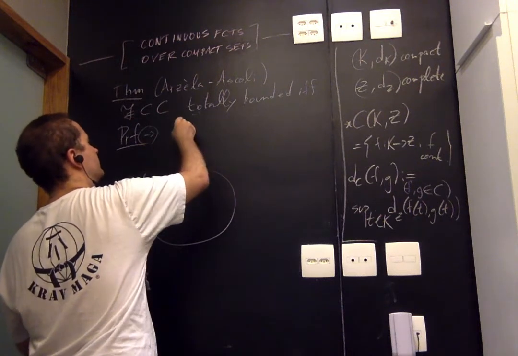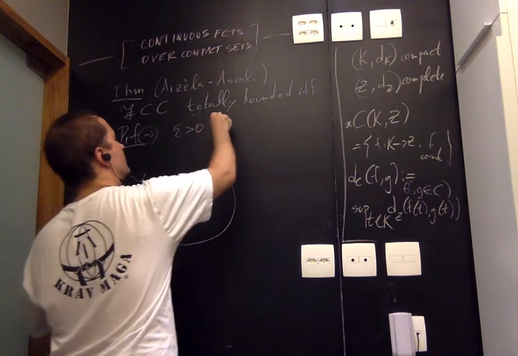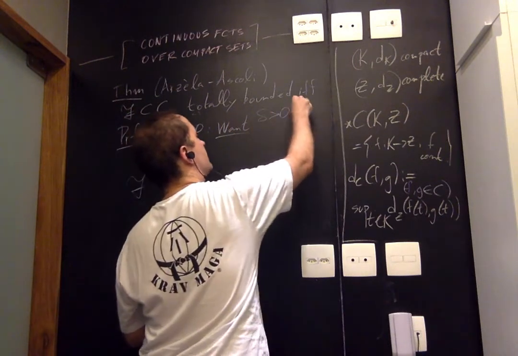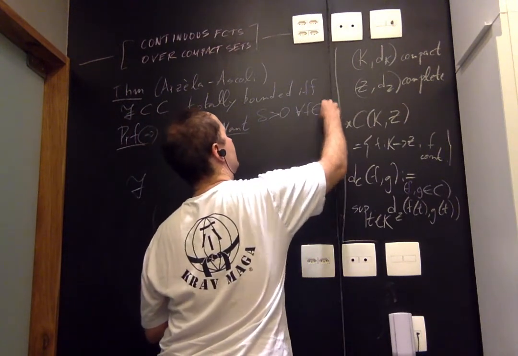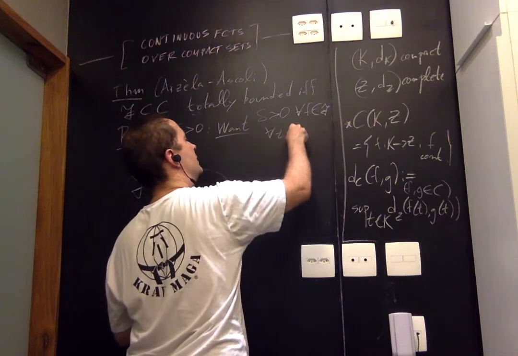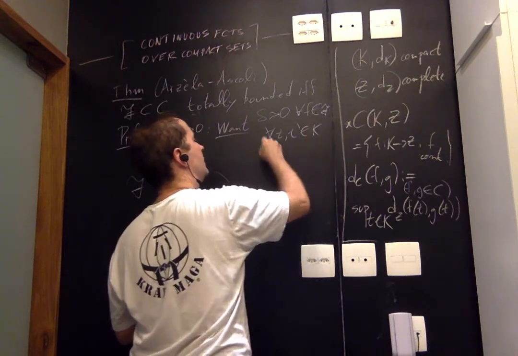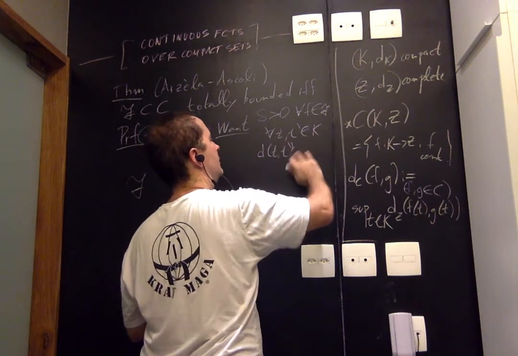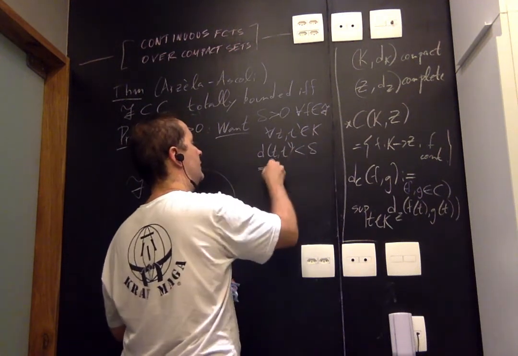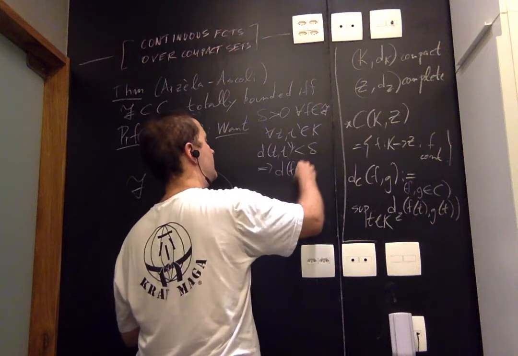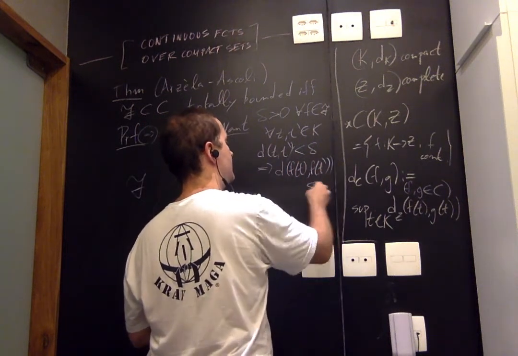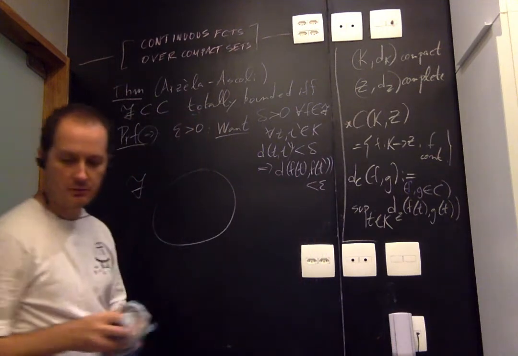Given epsilon, I want delta greater than 0 such that for all f in my family, for all t and t prime in K, if t and t prime are distance less than delta, then distance of f of t to f of t prime is less than epsilon. I want to prove that that is true.